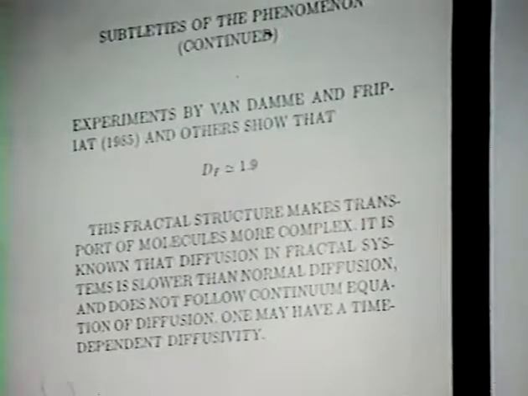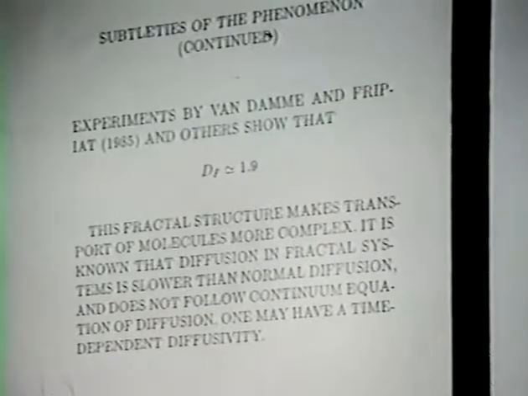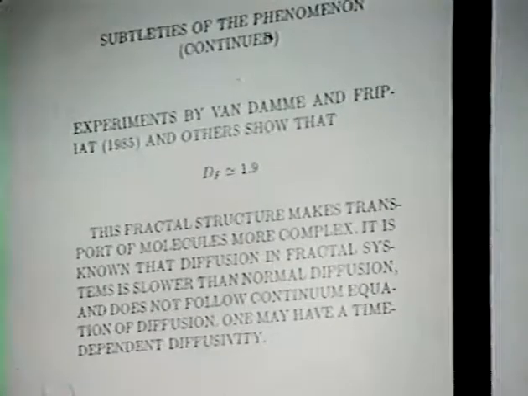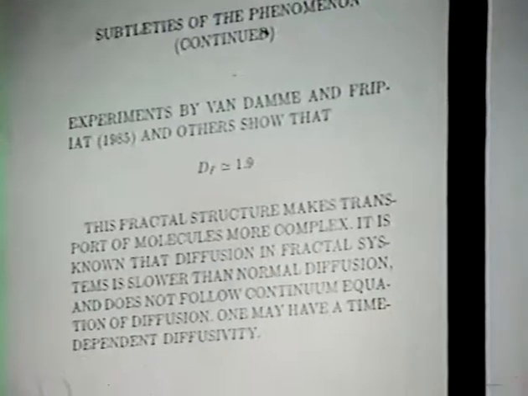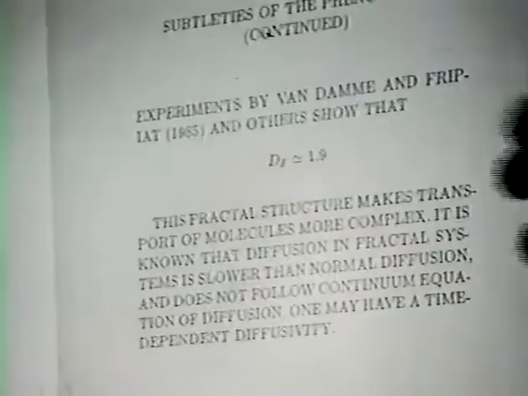We already know that if you have diffusing molecules in a fractal system, we can't use the classical continuum diffusion equation with constant diffusivity. So if this is the case for pillar clays, we may be in trouble in that sense.